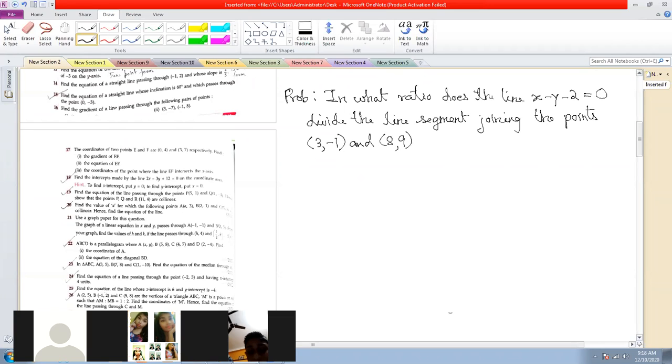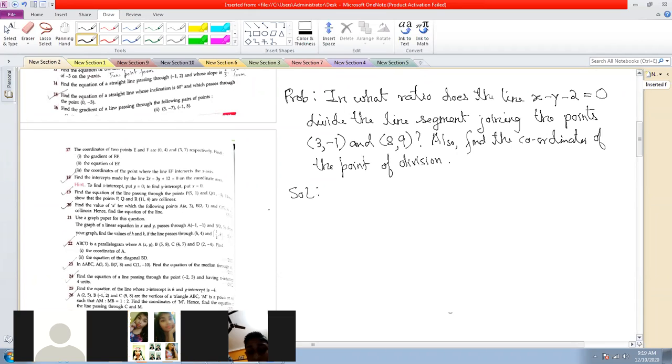Also find the coordinates of the point of division. Okay, this is the question.